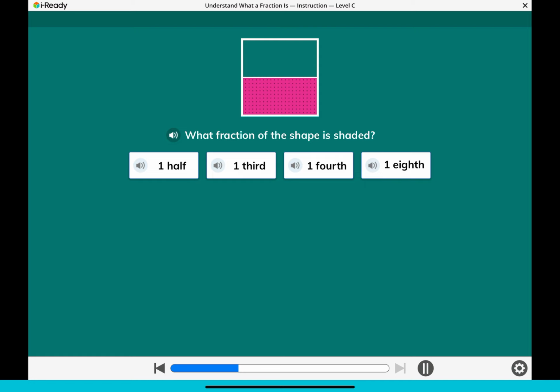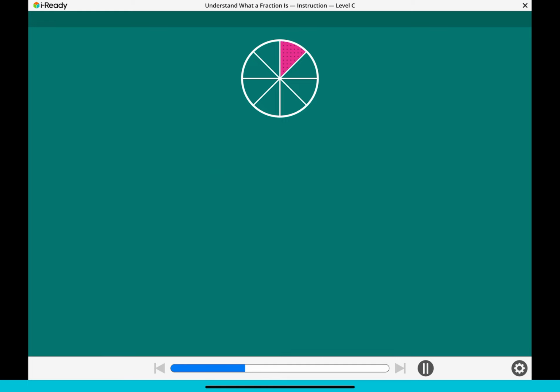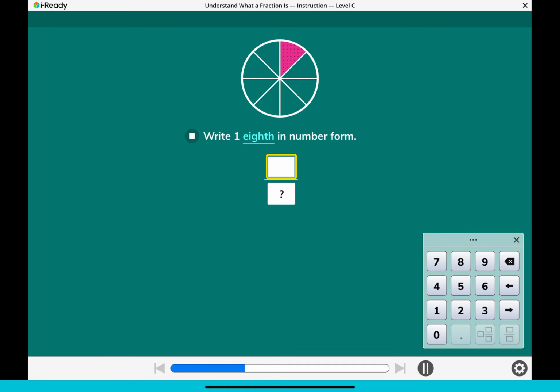One half. Write 1/2 in number form. Nice work! What fraction of the shape is shaded? Write 1/8 in number form. That's right.